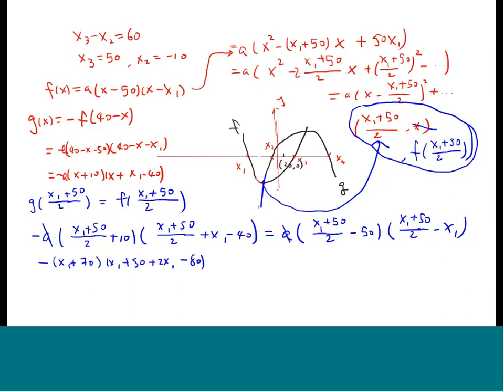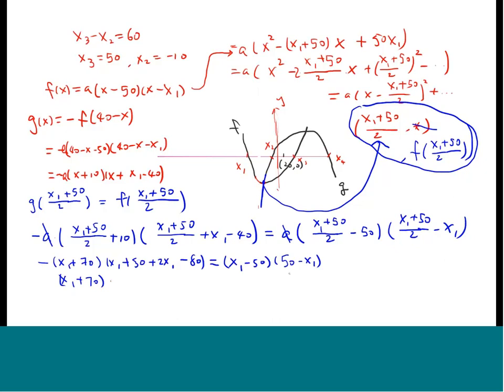Actually, it's very easy to make a mistake. So this is x1 minus 50, x1, 50 minus x1. Is that right? Yeah. So we get x1 plus 70.